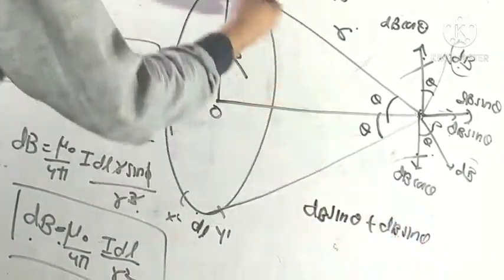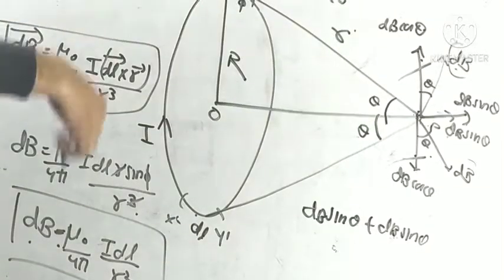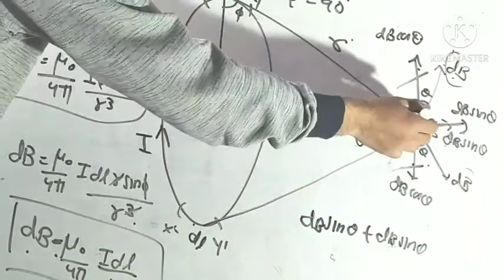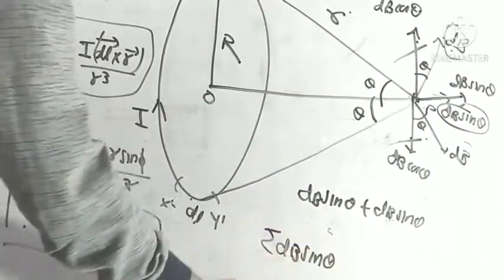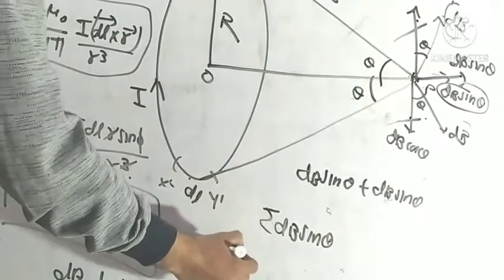There are many elements present here. Due to all these elements, the magnetic field at point P will be the sum of these components, so we integrate dB sin theta to get the total magnetic field.